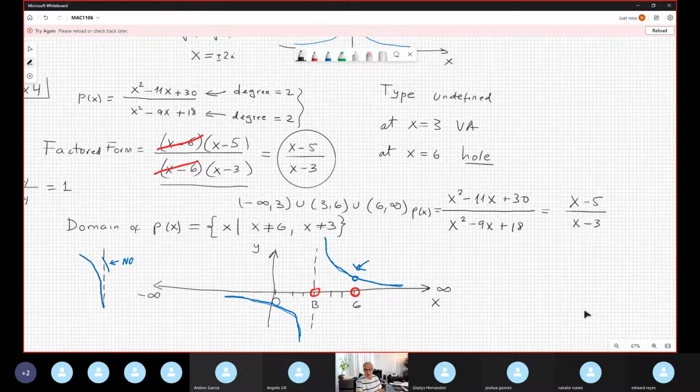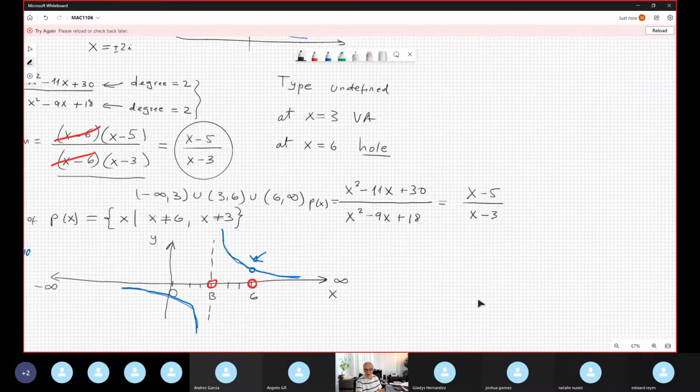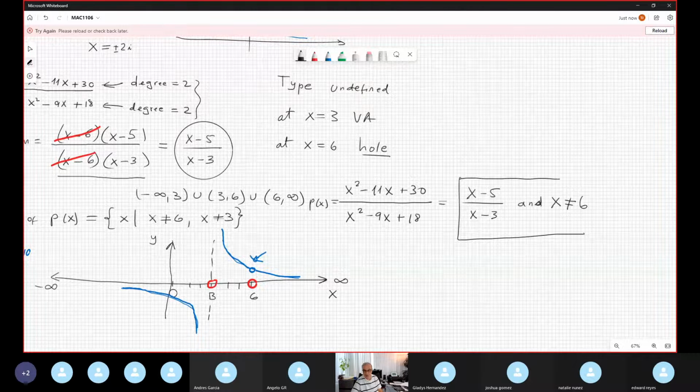P actually, we can call another name, not P. I don't know, what, another name. However, the true thing is that this is equivalent 100% under this restriction. This, when you include and exclude the 6, yes, this is 100% equivalent to this.